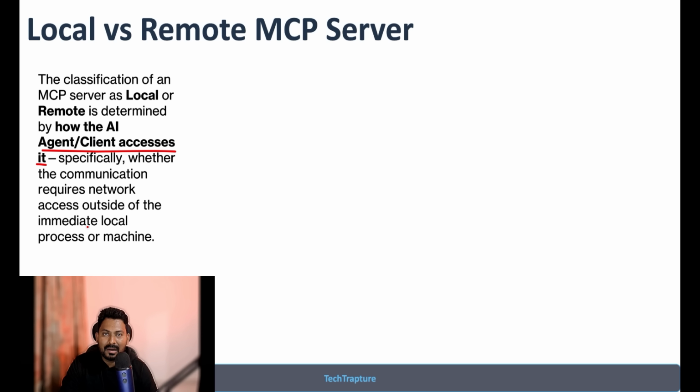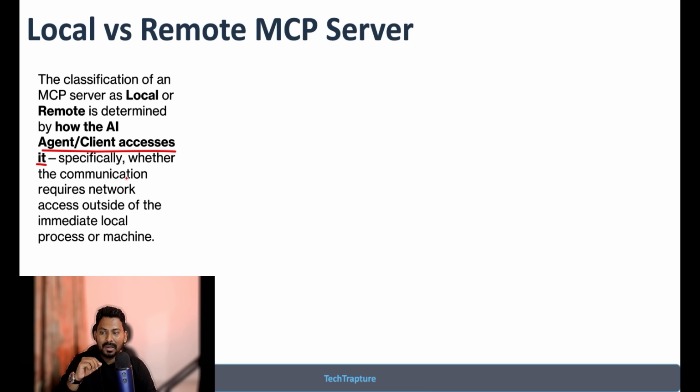If your MCP client and your MCP server run on the same machine, it is called a local MCP server. If your MCP server is running somewhere else and your AI application is running somewhere else, and they need to interact over HTTP, that is called a remote MCP server.